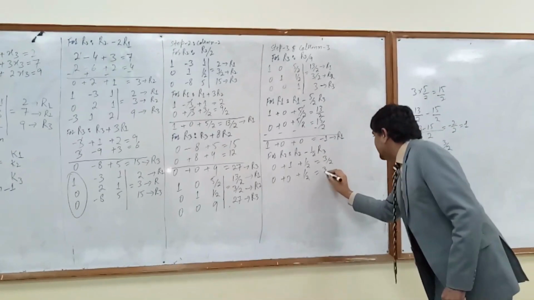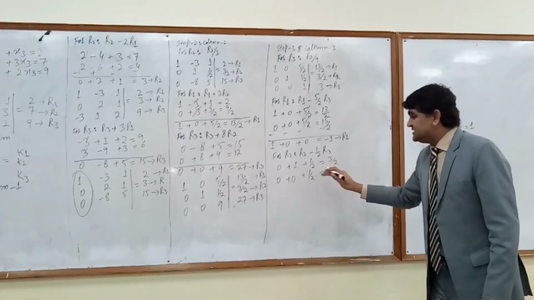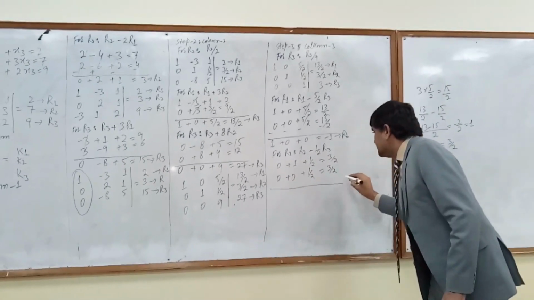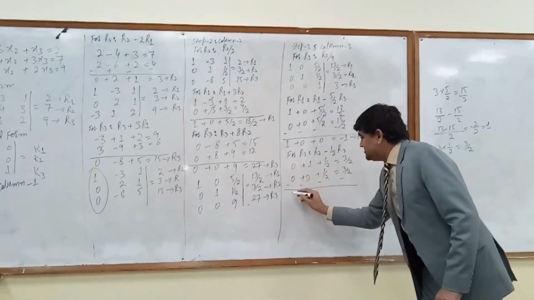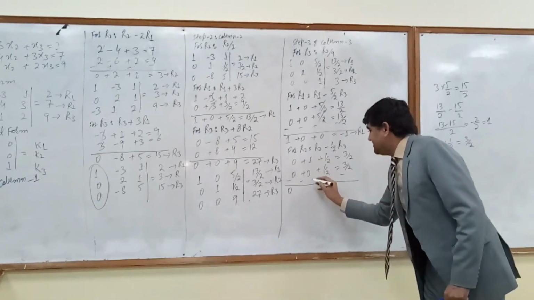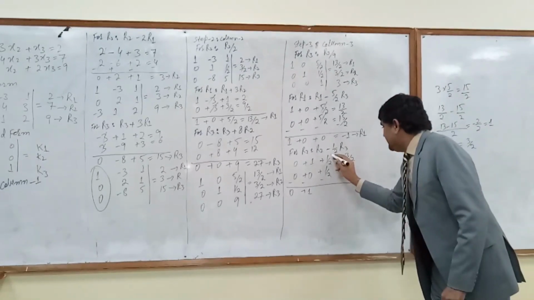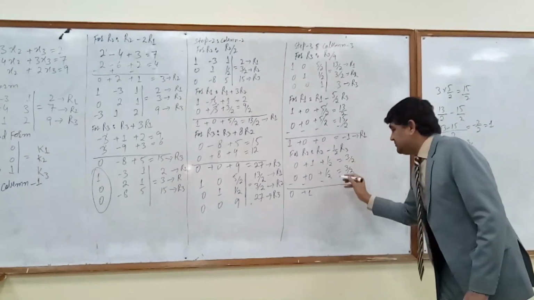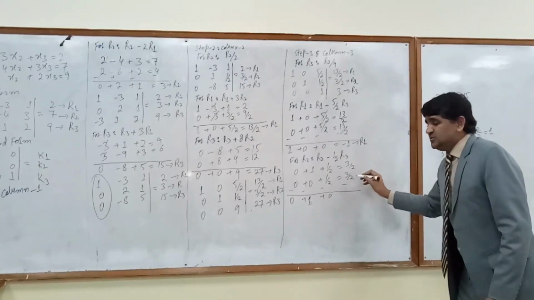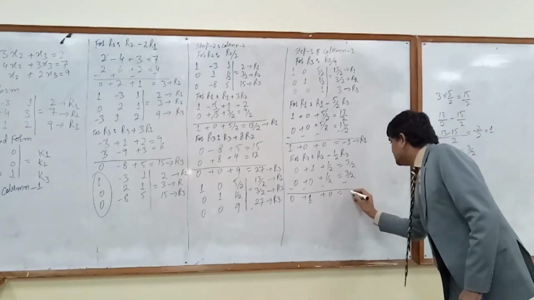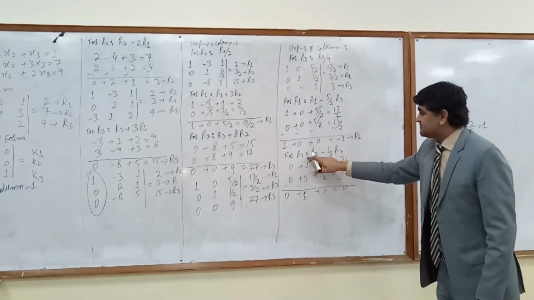Both are going to subtract, so the sign will be changed. 0 minus 0 is 0. 1 minus 0 is 1. 1 by 2 minus 1 by 2 is 0. 3 by 2 minus 3 by 2 is 0. So we have operated for R2.